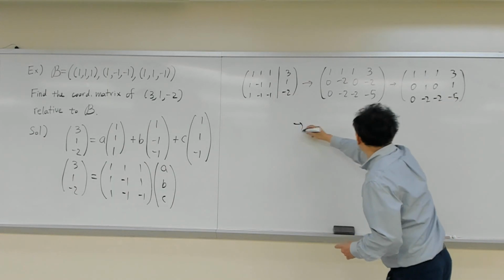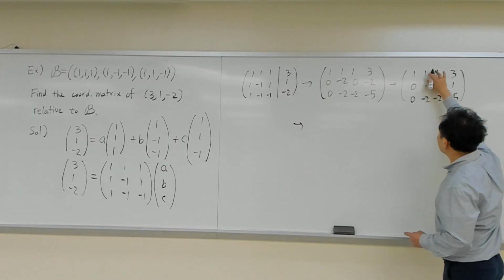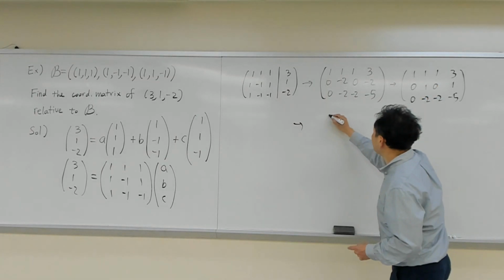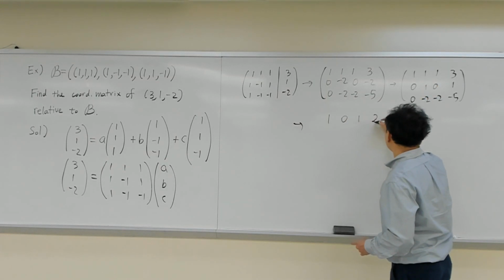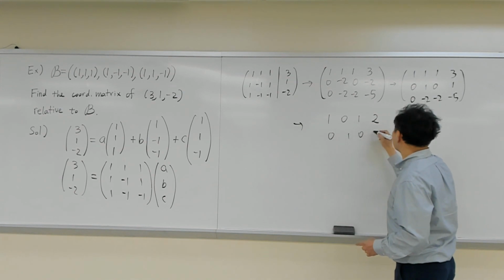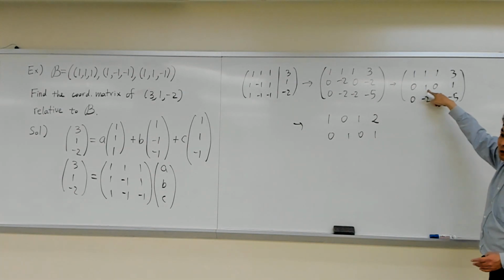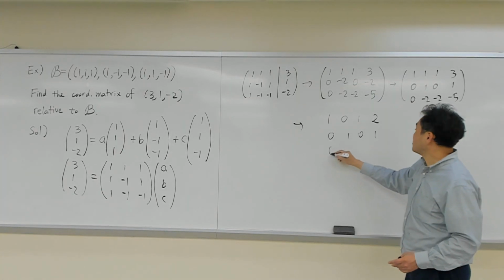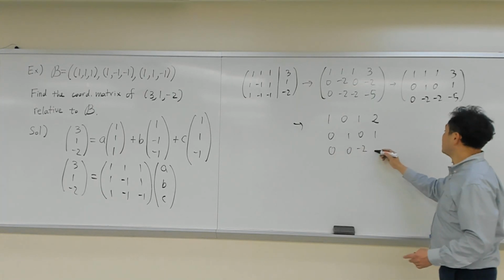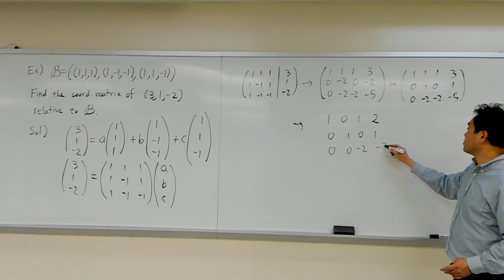Now, using this, I can kill these two guys, so subtract simply, and you get 1, 0, 1, 2, 0, 1, 0, 1. Then if you multiply by 2 and add to this, you get 0, 0, -2, and then -3.